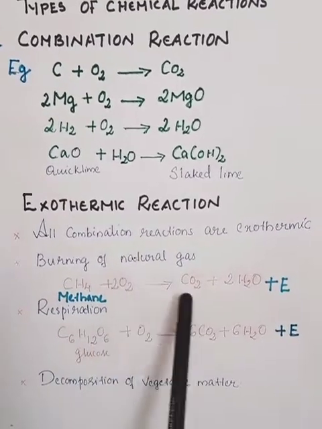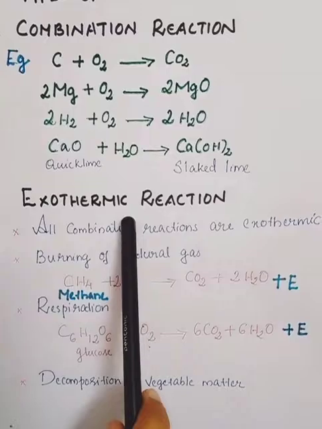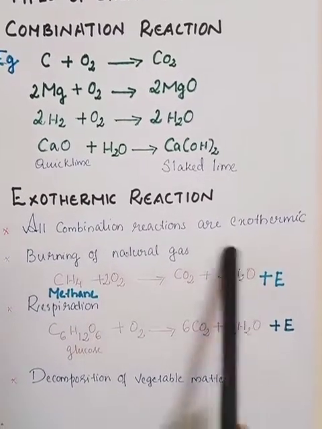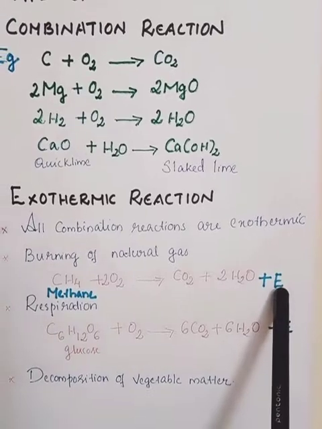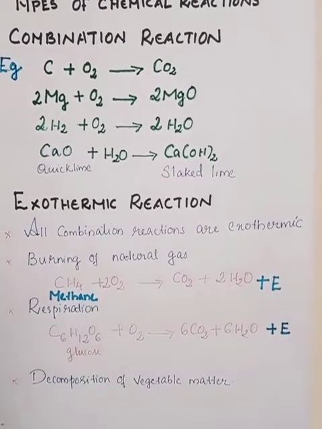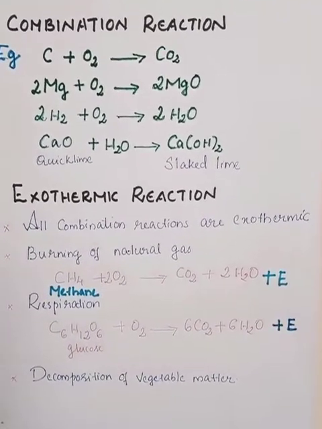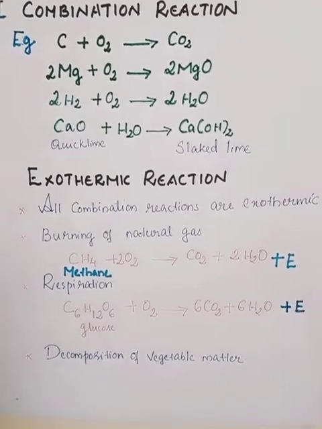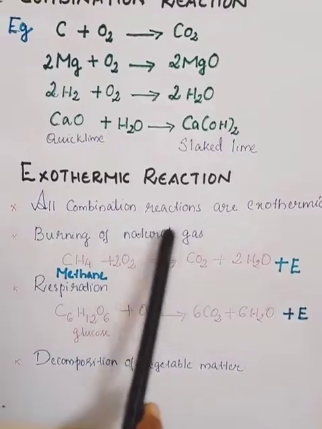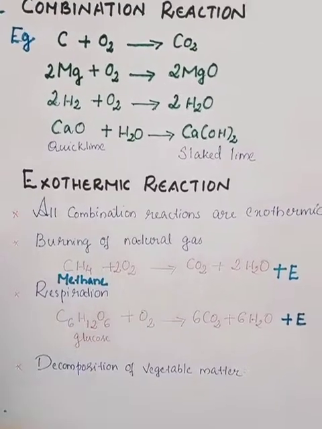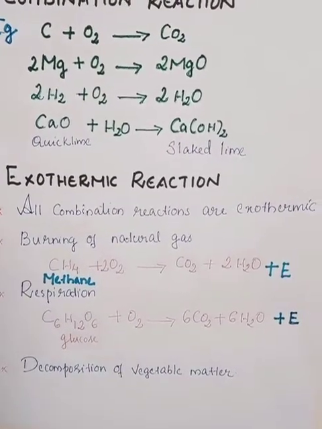So burning of natural gas is an example of an exothermic reaction, because a huge amount of energy is released along with the products. That is why natural gas is used as a fuel. Not only natural gas, all fuels on combustion liberate energy. That is why they are called fuels.